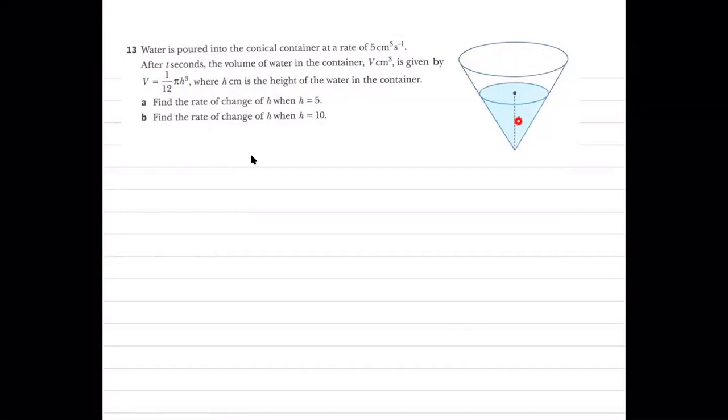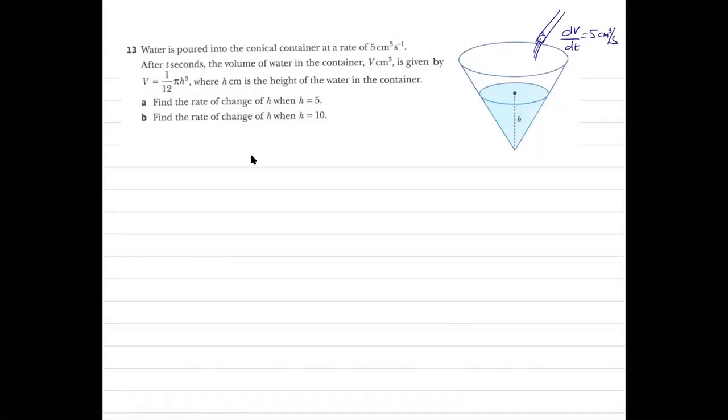Initially the cone was empty. You are filling it with, let's say, a pipe, and the volume of the water being inserted in this conical container is coming at a speed of 5 centimeter cube per second. So dV over dt is 5 centimeter cube per second.